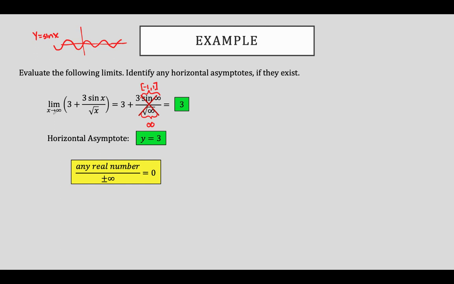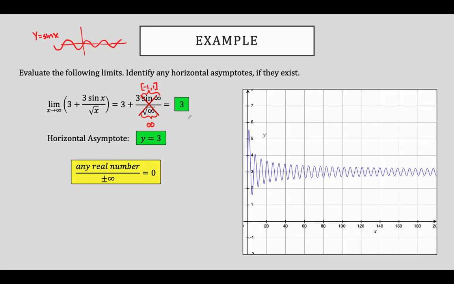This is saying as my graph goes to the right, as the x values approach infinity, the y values are getting closer and closer and closer to 3. Let's check out the graph of this function and verify our solution. This is what the graph of 3 plus 3 sine x divided by root x would look like. Notice we have this interesting function that continues to oscillate up and down.